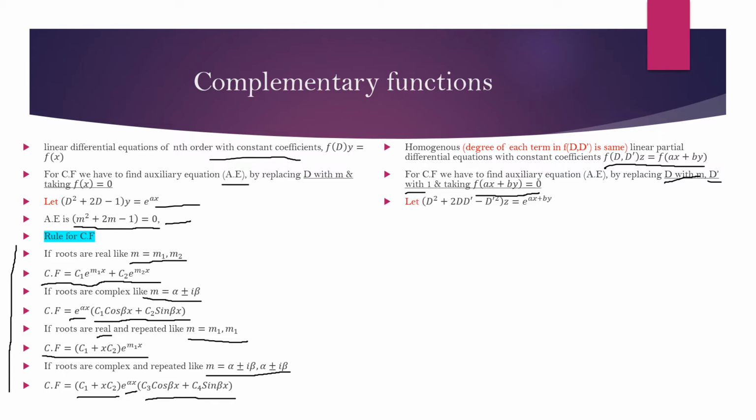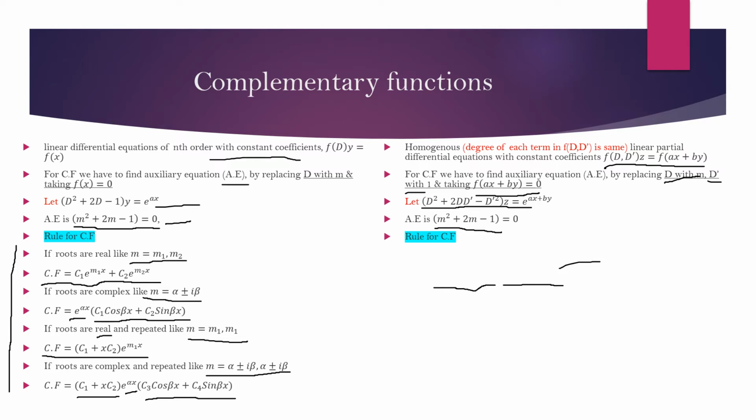We get, let the auxiliary equation for this partial differential equation be m square plus 2m minus 1 equals 0. Now the rule for finding the CF: if the roots are real, m1 and m2, then the CF will be f1(y plus m1x) plus f2(y plus m2x), where f1 and f2 are arbitrary functions.